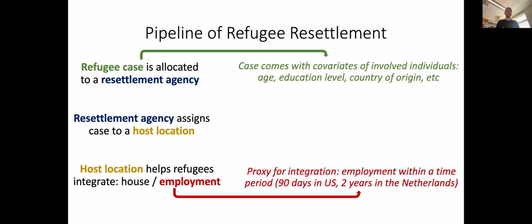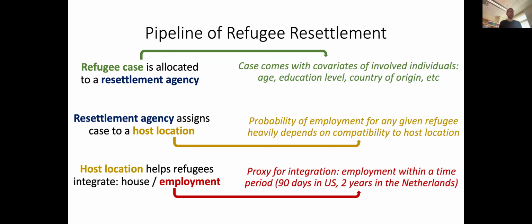So in the US, if we want to know whether integration of a refugee has been successful, we would look at whether that person has found employment within 90 days upon arrival. In the Netherlands, that metric is within 2 years upon arrival. There's a lot to discuss about whether this is a good proxy. There are some people who strongly believe it is, but it is the proxy that we will use.